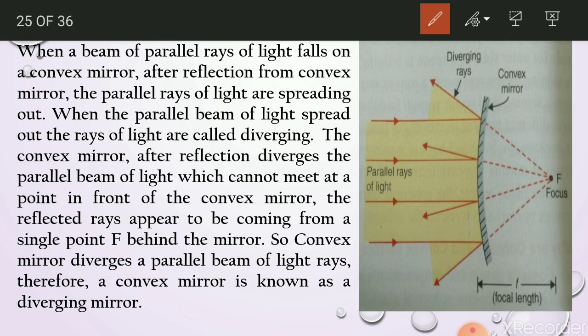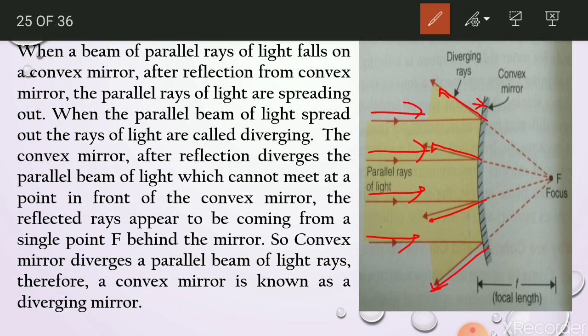So you can see these are the parallel beam of light, these are the parallel light rays. When they fall on the reflecting surface of the convex mirror, then after reflection, you can see all these light rays are diverging. Diverging means they are going away from each other.